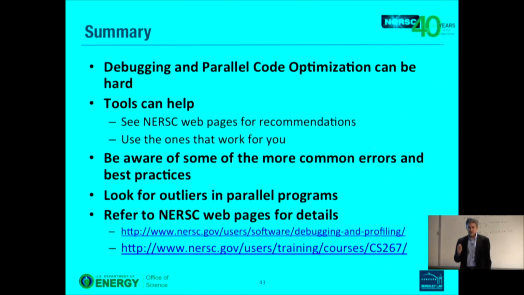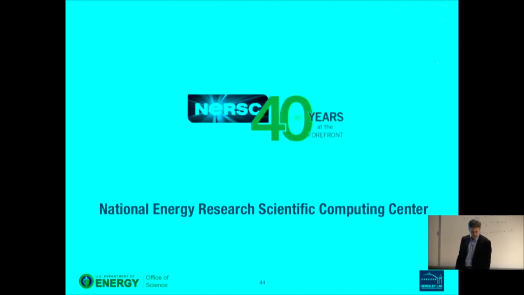And there's a reason that there's not one clear winner among all these tools, because different ones are better for different cases, for different people. Be aware of some of the more common errors and best practices. Look for outliers in parallel programs, and do go to our website for more links. And call us, write us, or go to our help website with questions. And that's it.